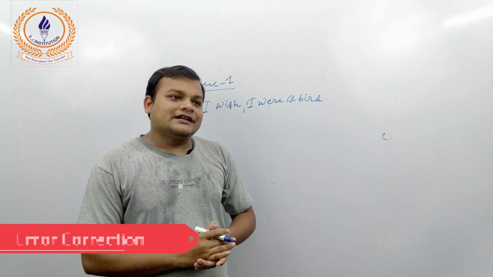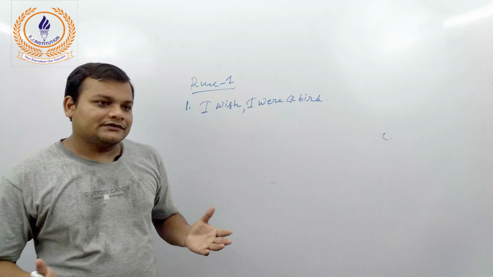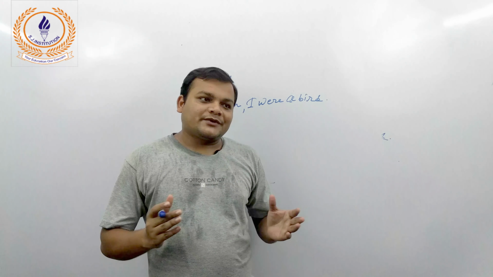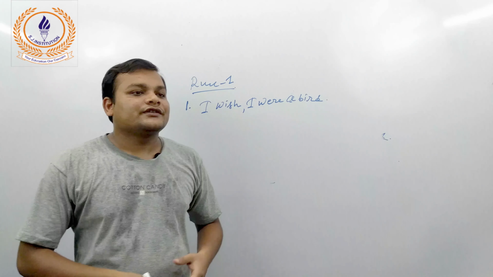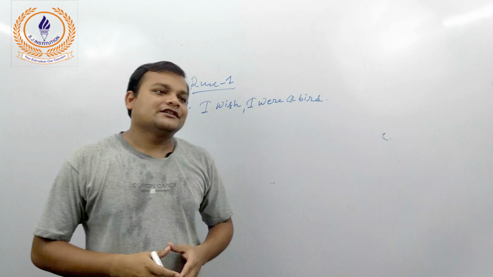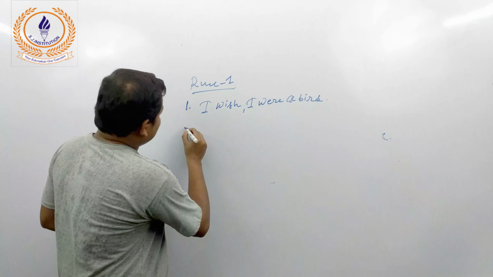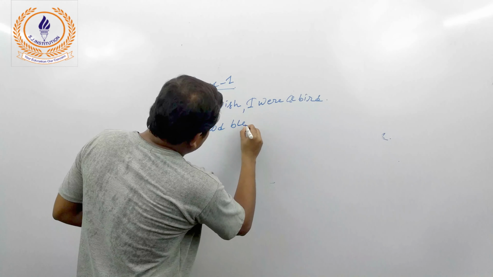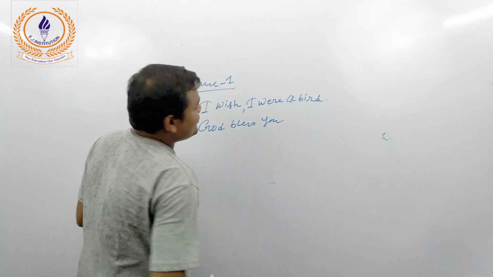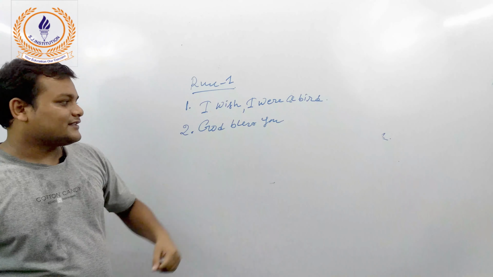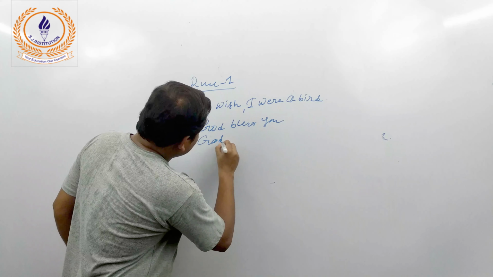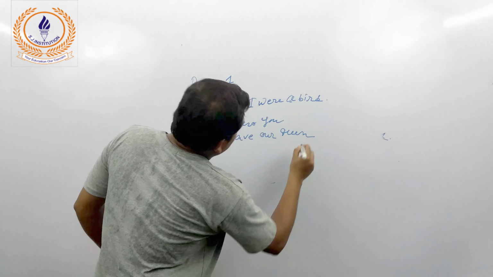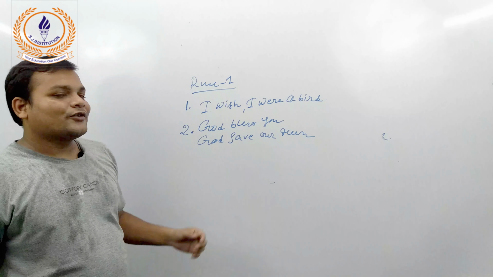Verbs like help, save, and bless, when used expressing good wishes, desire, and blessings, must be in plural. Look at the example. God bless you. You cannot here use blesses. God save our queen. You cannot use saves.